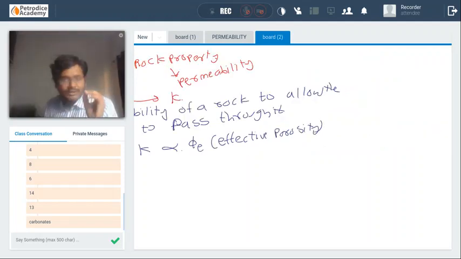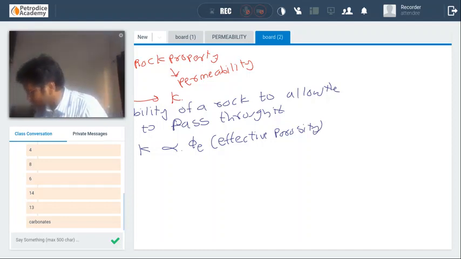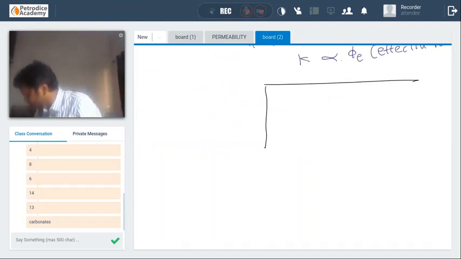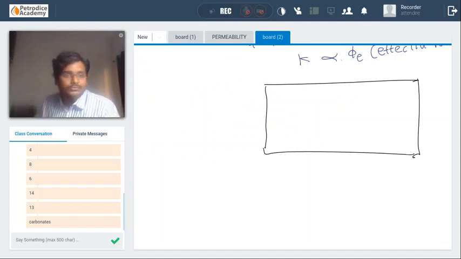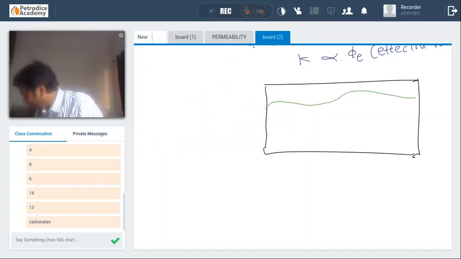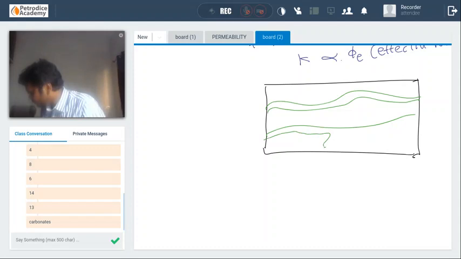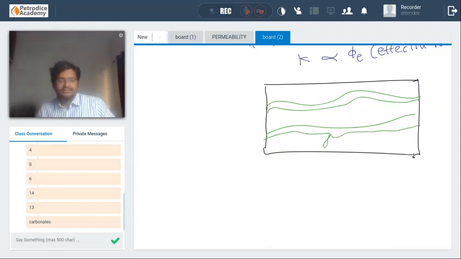This particular permeability depends upon the number of connected pores. As the isolated pores increase or decrease, the permeability of the rock does not change. Do remember it.